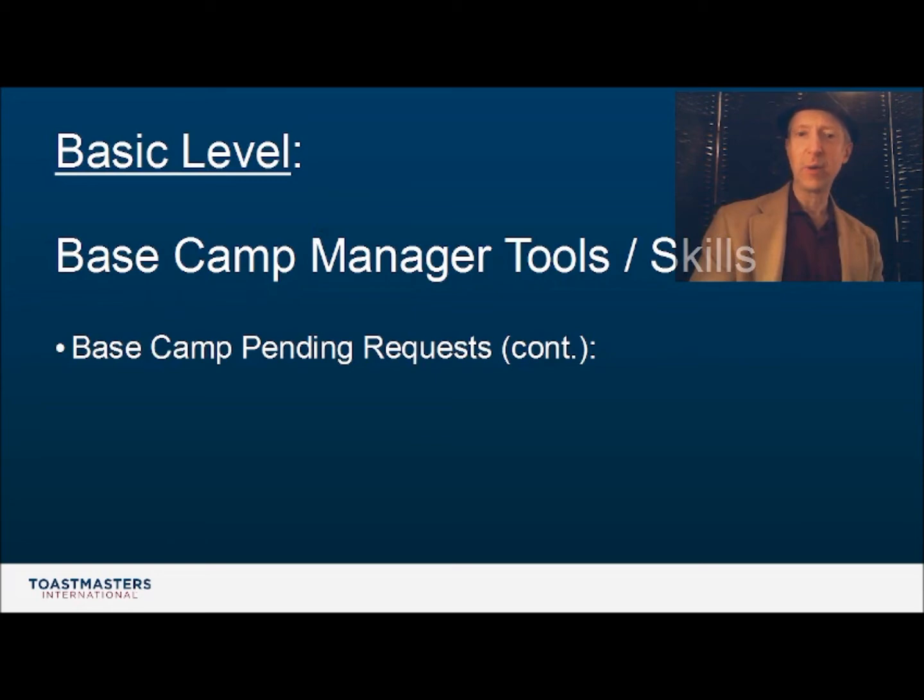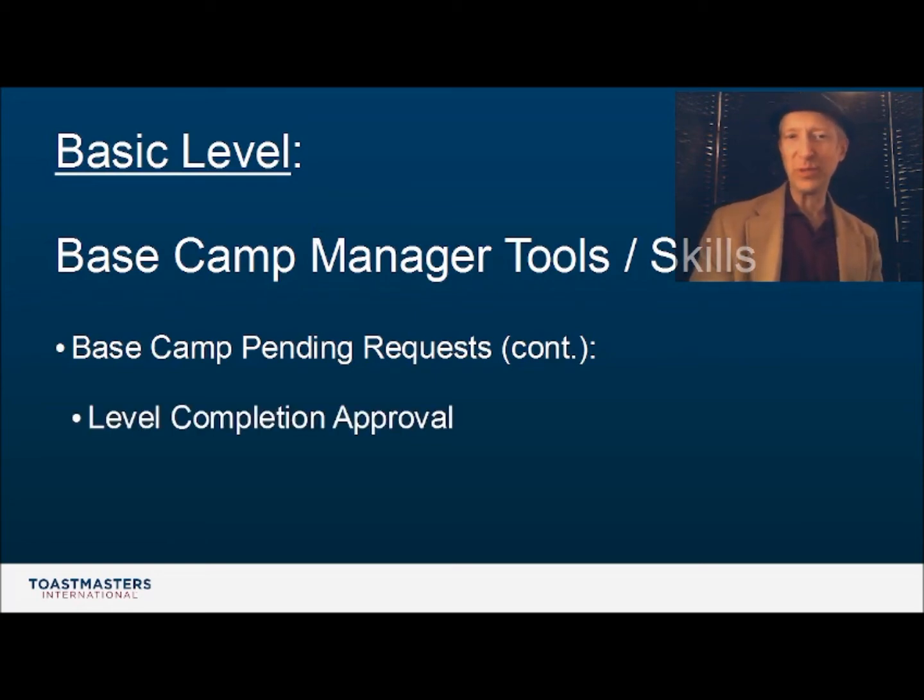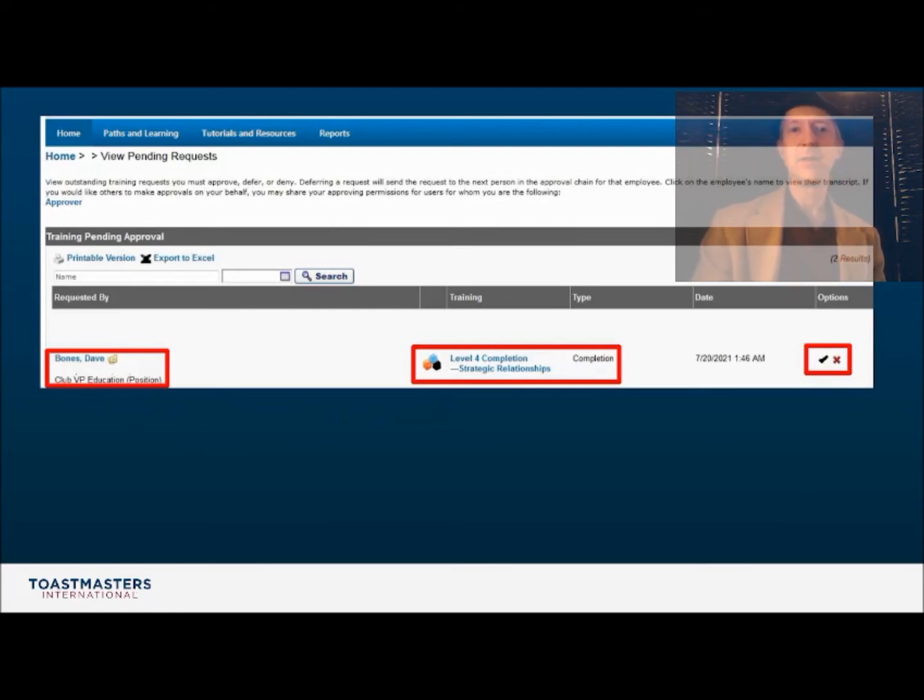Continuing on with pending requests, this is very connected with level completion, but it's worth noting with level completions, as we had said earlier, that they need to be processed. The awards need to be processed both in Basecamp, which we're about to do now, and in Club Central, which we're going to do in a little while. So it looks the same.